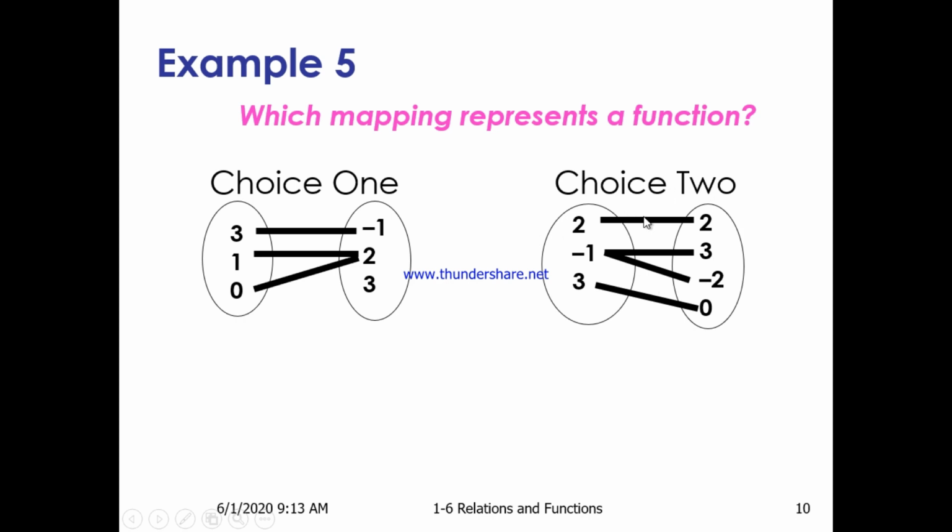While choice 2, try to look at choice 2. 2, negative 1, and 3. In this example, we have 2 is paired to 2, negative 1 is paired to 3, at the same time, negative 1 is paired to negative 2, 3 is paired to 0. So, try to focus your attention on negative 1. The negative 1 is paired twice to the range. So, in the domain, negative 1 is paired to 3, and negative 1 is paired to negative 2.